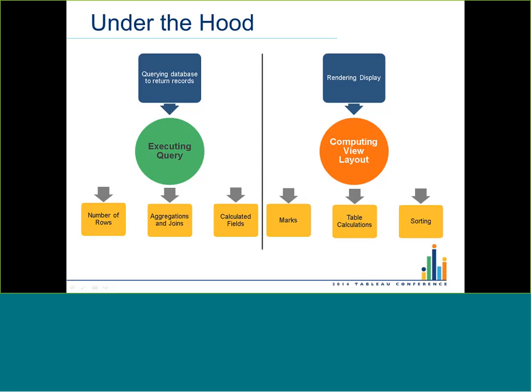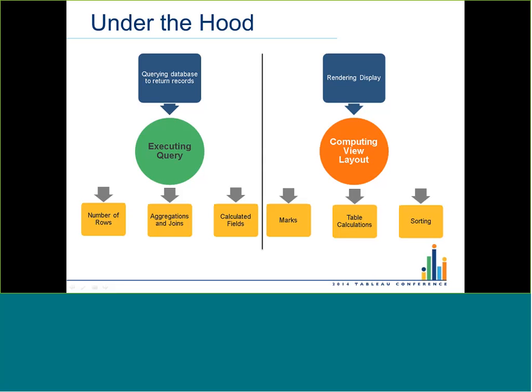And if you have more complicated aggregations or joins that need to be performed in the database, then the database would need to do more heavy lifting work, and that would impact the performance. And when you create calculations in Tableau, Tableau actually pushes these calculations to the database to crunch the numbers and return the results. So again, more complicated calculations will mean more work on the database.